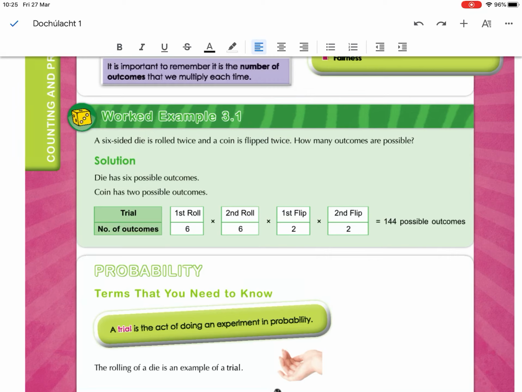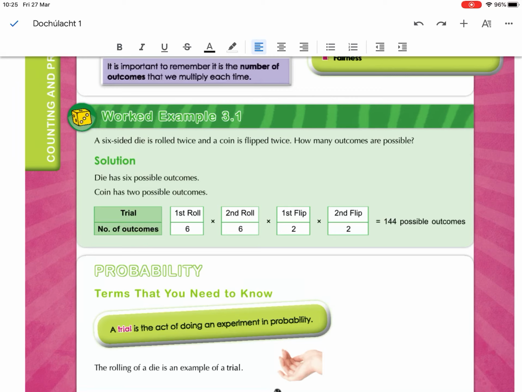This worked example 3 says a 6-sided die is rolled twice and a coin is flipped twice. How many outcomes are possible? Well, there are 6 different outcomes for the 6-sided die, obviously all the numbers 1 to 6.